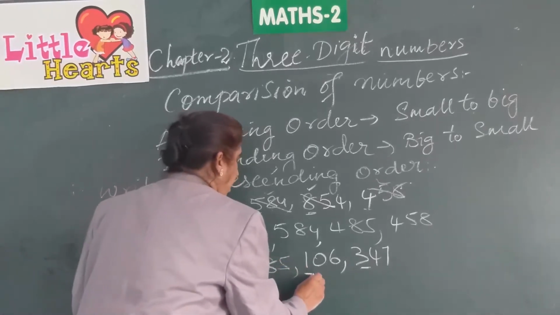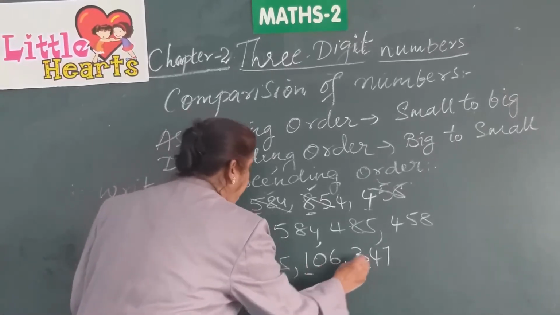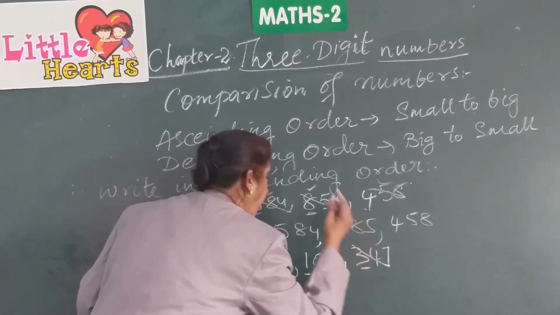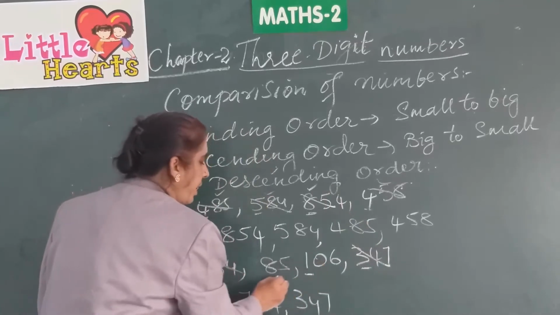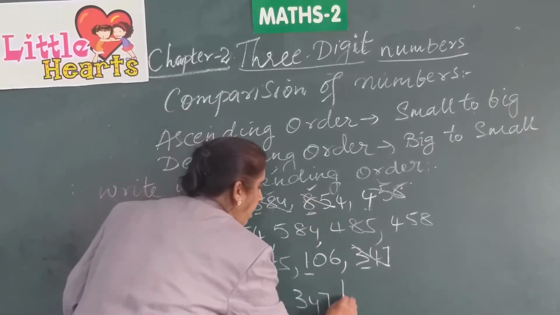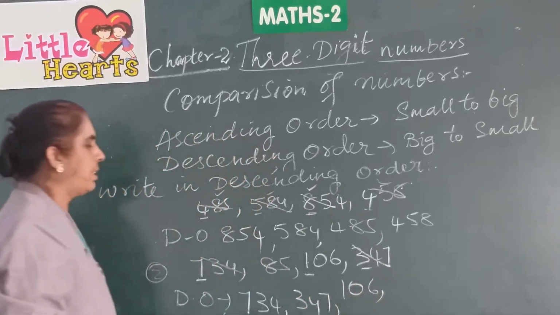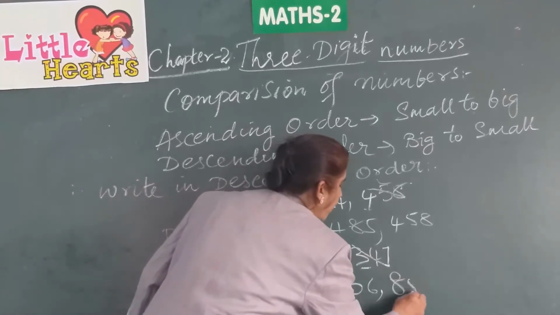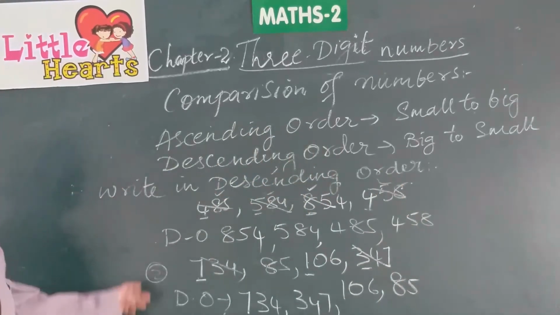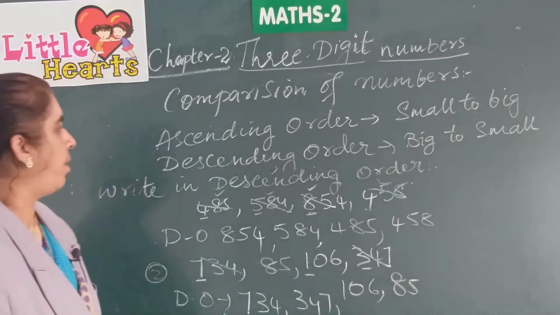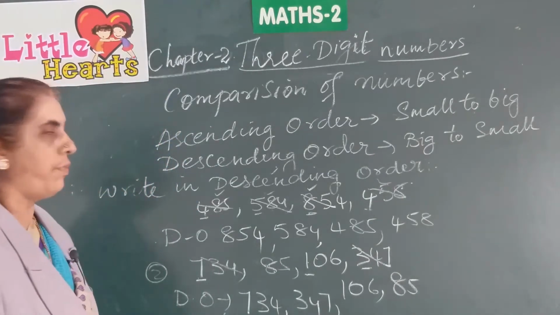Next 1 and 3. 3 is greater. Next comes 347. Among these 2, it has 2 digits, it has 3 digits. Obviously, this number is bigger. 106 comes next. And next, the smallest number is 85 in this set. So, in this way, you should be able to write in ascending order or descending order for the given set of numbers.